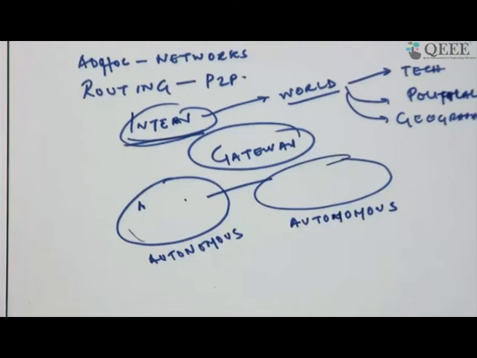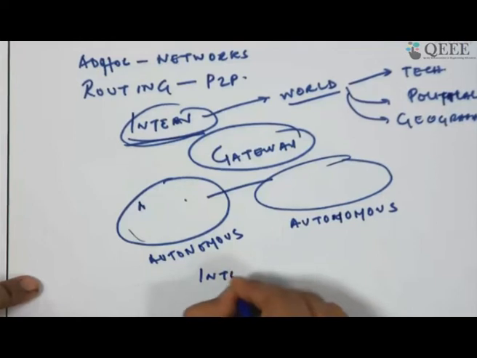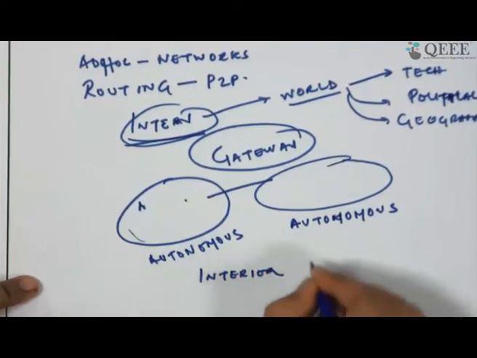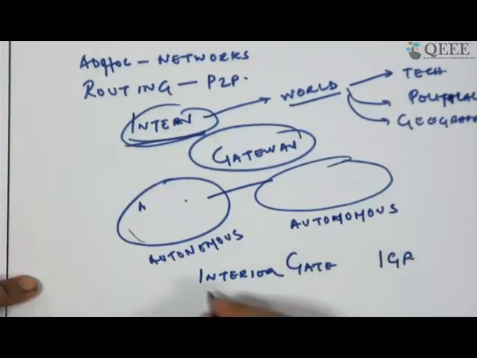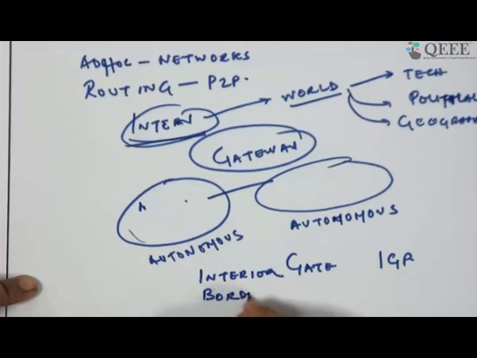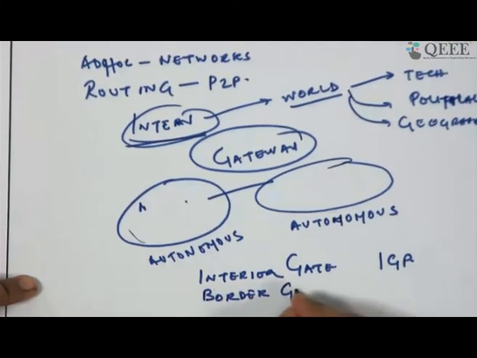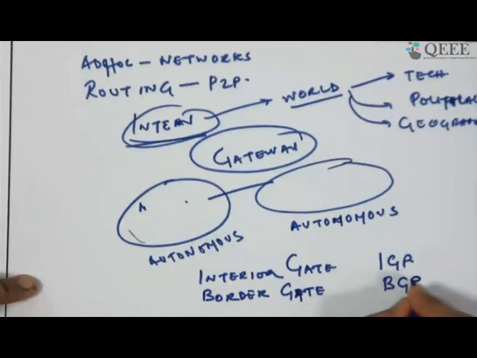So when we talk about the interior gateway protocol, which is called IGP, and we also have the border gateway protocol, which deals with the real border. Whatever we do at the border uses the border gateway protocol.